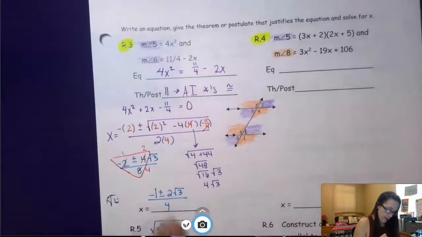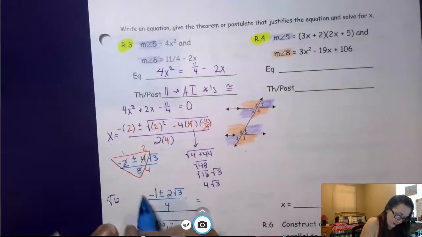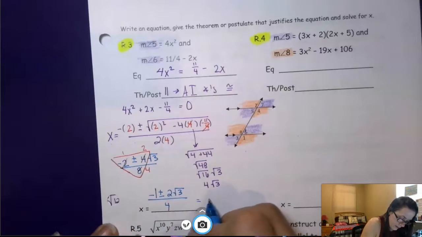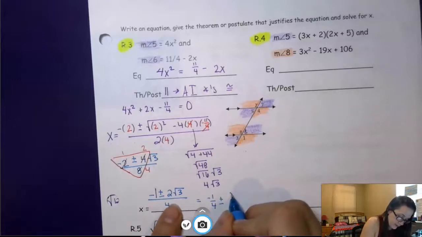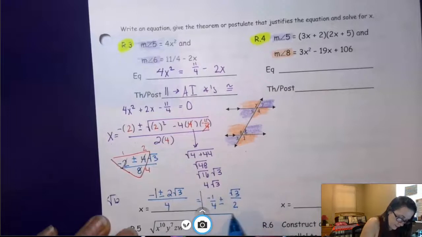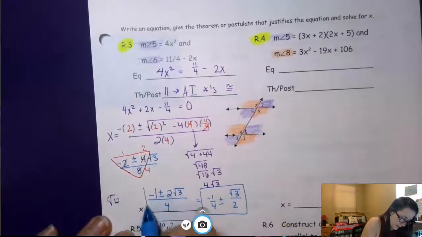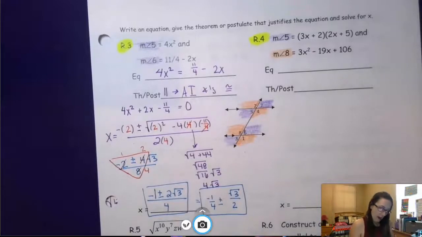Negative 1 plus or minus 2 root 3 all over 4. You could also write it separately. 1 over 4 would be negative 1/4 plus or minus 2 root 3 over 4 we could simplify as root 3 over 2. So both of those are actually the exact same.